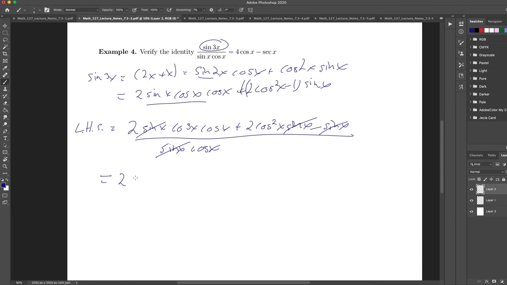So let's go ahead and split that and then do that. So this would be 2 cosine squared x plus 2 cosine squared x minus 1. In fact, let's go ahead and put those two together, just make this an even 4.